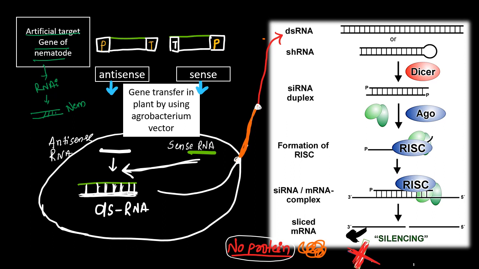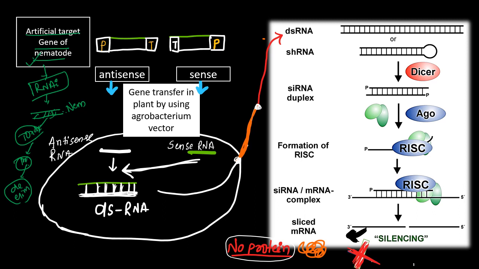After silencing this gene, it does not produce protein. The RNAi binds with the gene of the nematode and silences this gene. So no expression. No expression means no protein. No protein means the organism dies.